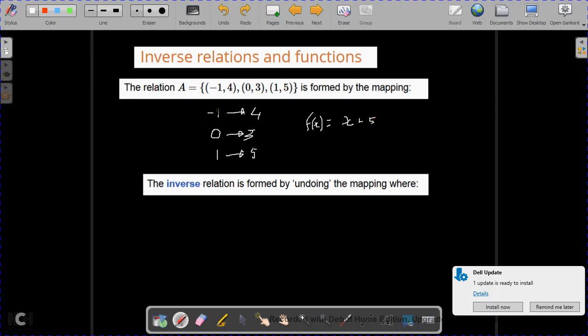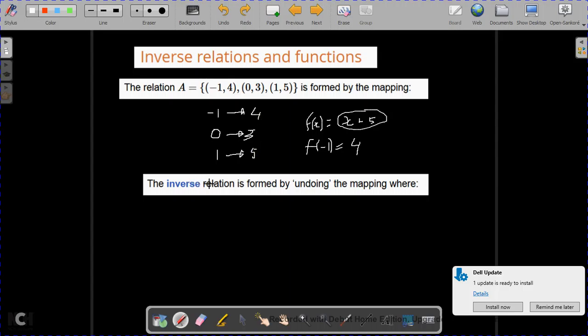Then f of -1 gives me -1 plus 5, so that's 4. For 0, it would be 0 plus 5, but in this case we've got 3, because this function is different. The important part is we've got some numbers for x, and it maps onto the corresponding points of y.